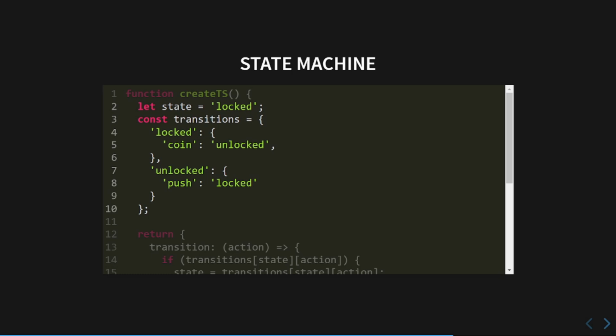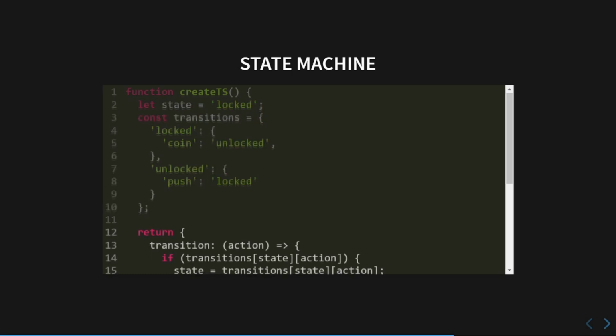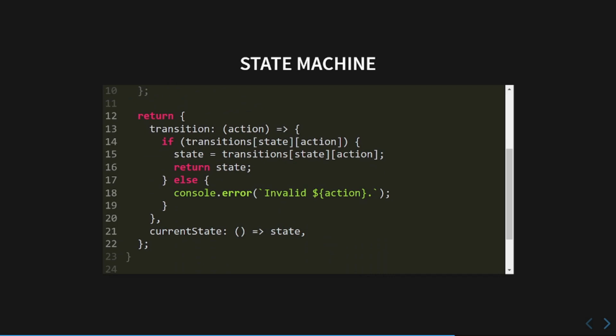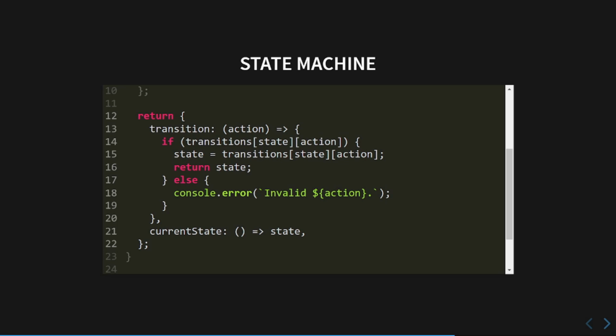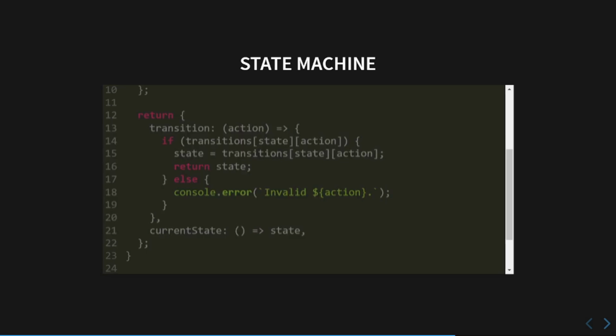And then unlocked, if you push it, can change the state to locked. And here's where we create the functions that reference the lexical state, or the lexical environment. We return a transition function that takes an action. And if it's a valid action, then we update the state and return it. Or if it's not a valid action, we just say invalid action.